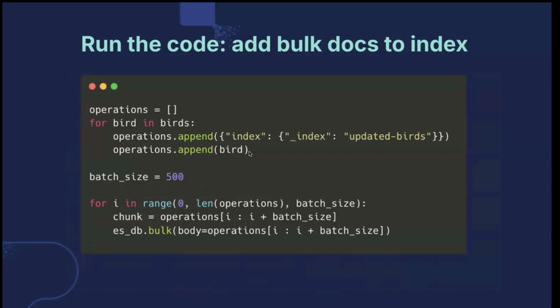We create a large iterable where each object has one line where we're saying we want to index them to the index updated birds, which would be an index for birds. And then we actually include after that in sequence the bird document. It's kind of non-intuitive, and I'm still not the happiest about it. As a dev advocate, I can kind of chide them about it, but it is what it is. And I send it in batches of 500, and it throws it up into Elastic with nary a problem.